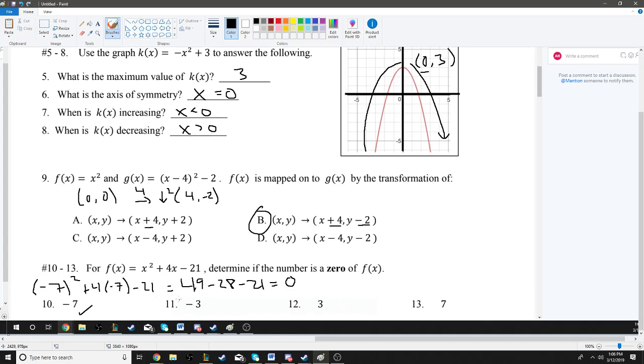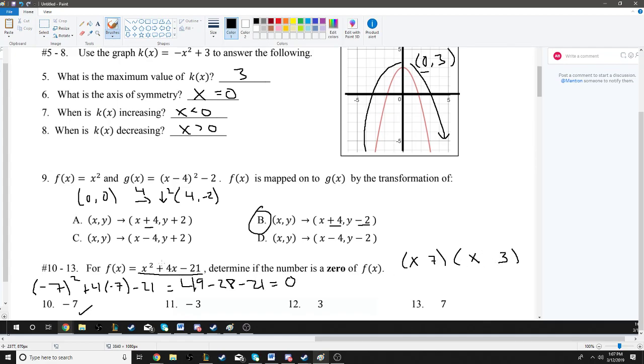You can do the same thing with the rest of them, just plug them in and see if you get 0. The other way to do this is, since this is in standard form, you could factor it. The first two things need to multiply to be x squared, so that's x and x. The last two need to multiply to be a negative 21, so that'll be a 7 and a 3.